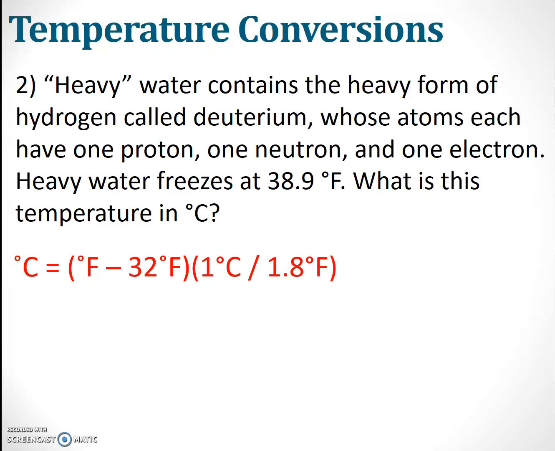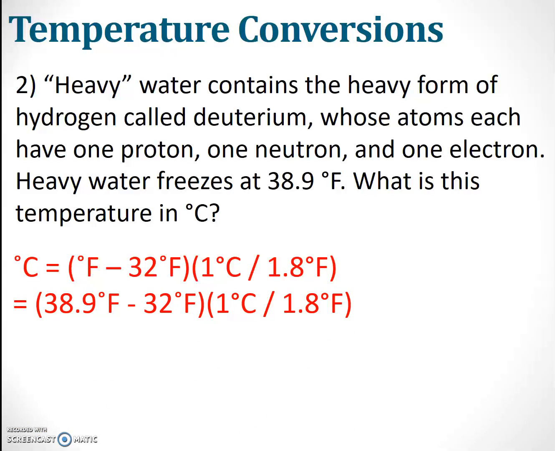So we have degrees Celsius equals Fahrenheit, this is going to be the given one right here, minus 32 degrees Fahrenheit, times 1 degree Celsius divided by 1.8 degrees Fahrenheit. So I'm going to plug in my given of 38.9, and then I'm going to solve this first set of parentheses first. So I ended up with 6.9.